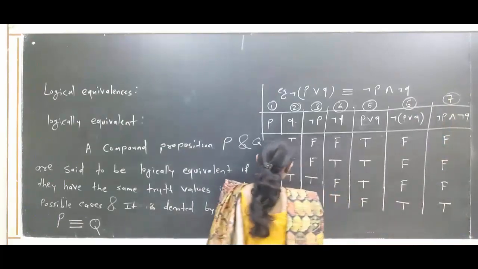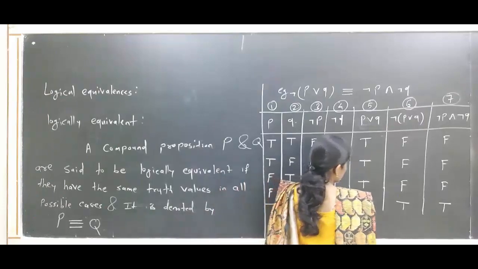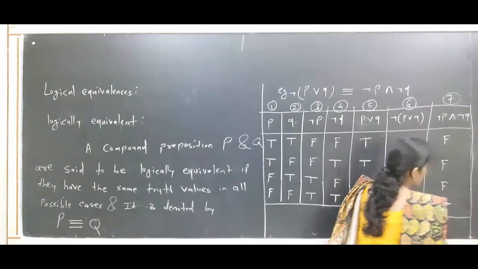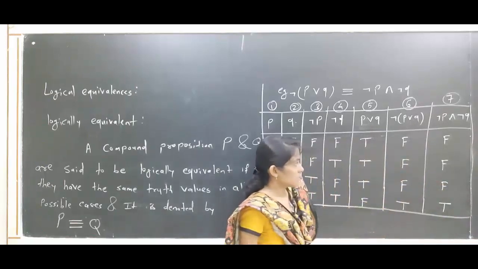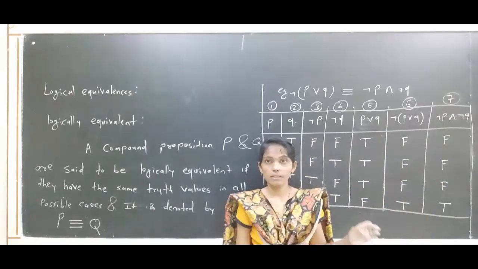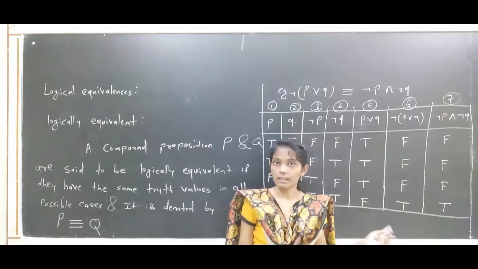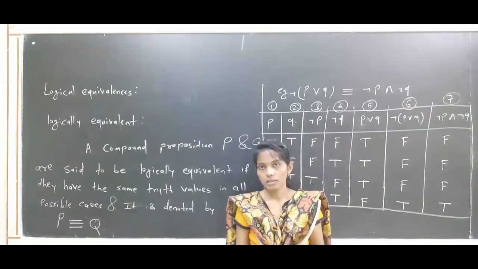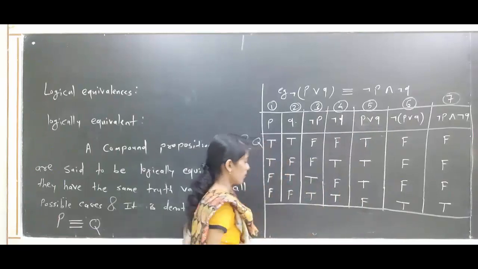From the truth table, observe the truth values in columns 6 and 7. Columns 6 and 7 truth values are identical. Hence, the given compound propositions are logically equivalent.